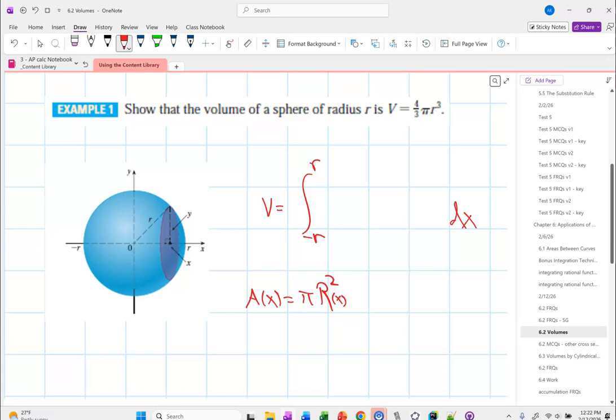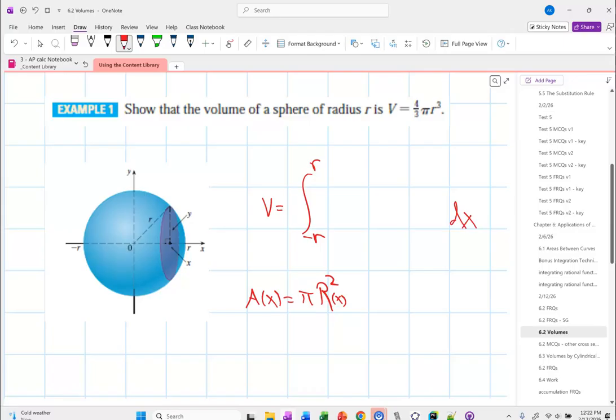My cross-section there is a circle, right? I know the area of a circle is pi r squared, but the radius in this case I need to write as a function of x, because at each different cross-section, that radius is going to be a different length, depending on the x that I pick.